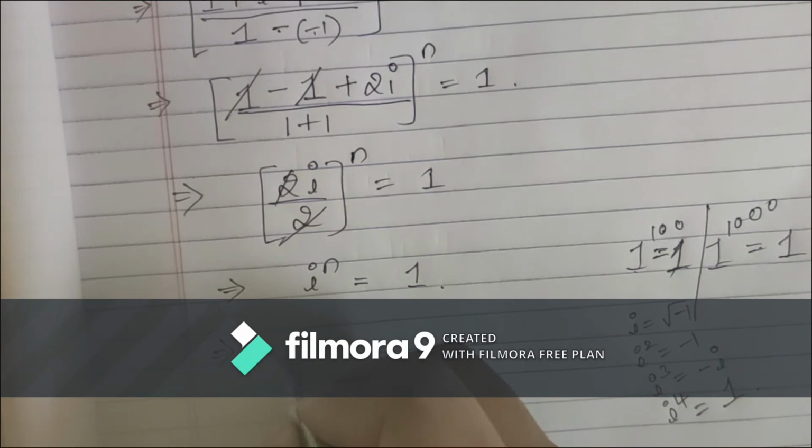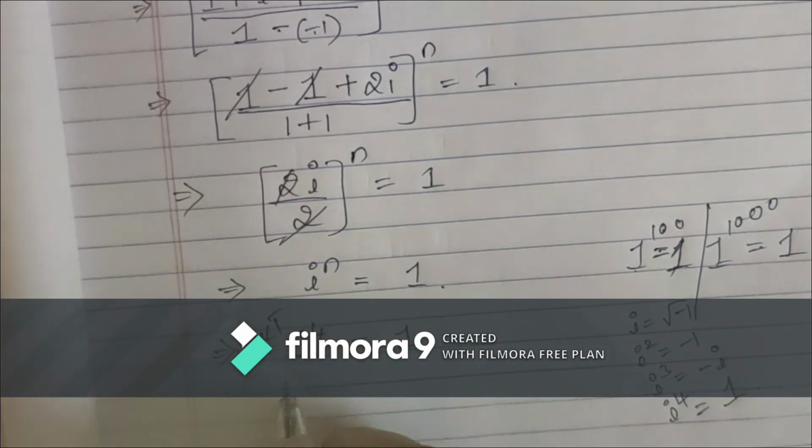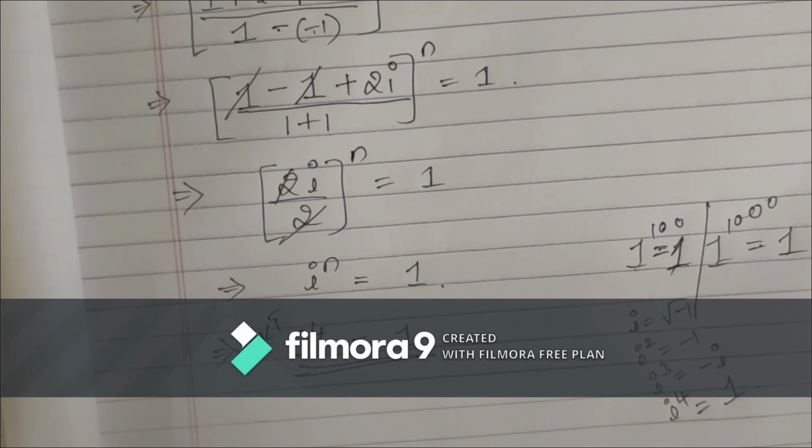So what I will do here is substitute i to the 4 in place of 1. So i to the 4 value is 1, we know that. Equating both LHS and RHS, what will you get here?